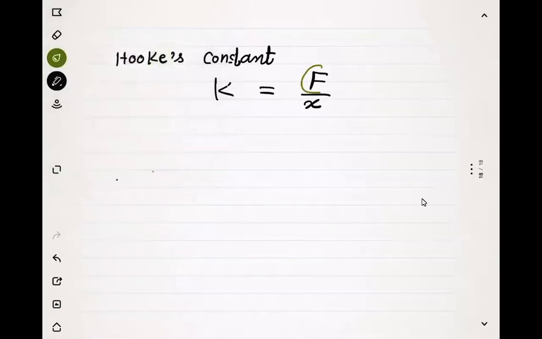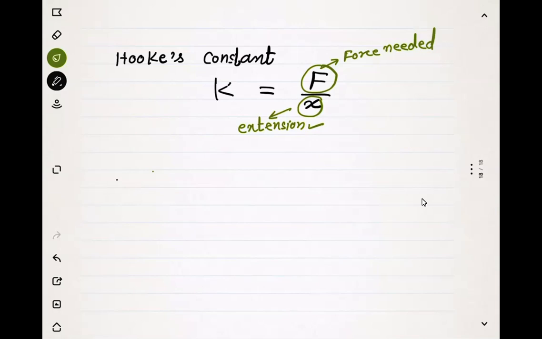Because F is the force needed for an extension of 1 meter, and x is how much extension you will achieve. Yet, how much force is needed to extend an object by 1 meter? It depends on the area of the object. Thicker objects extend less.